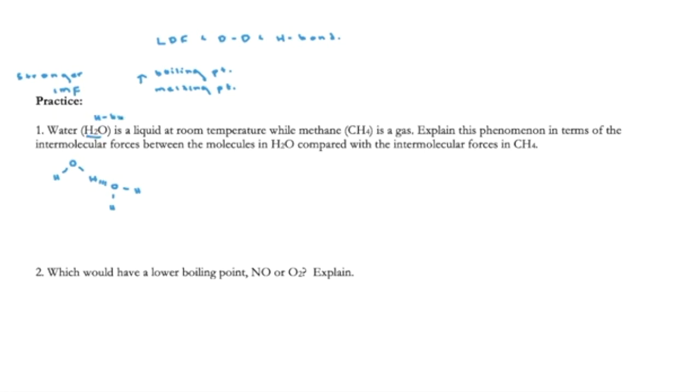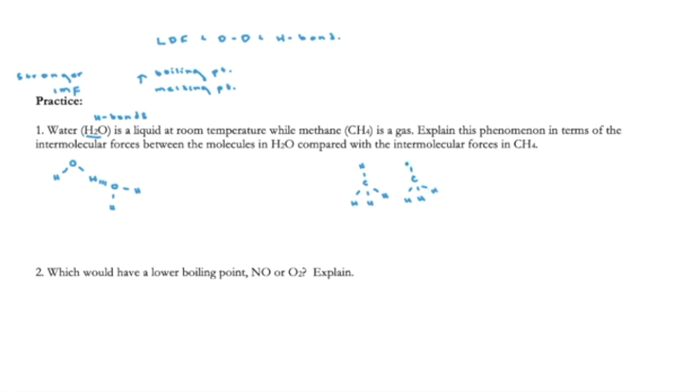So this will form hydrogen bonds, while for methane, CH4, if you draw it, this molecule is nonpolar. And since it's nonpolar, if it has another methane right next to it, it will not form hydrogen bonds, because the hydrogen, first of all, is not attached to oxygen, fluorine, or nitrogen.